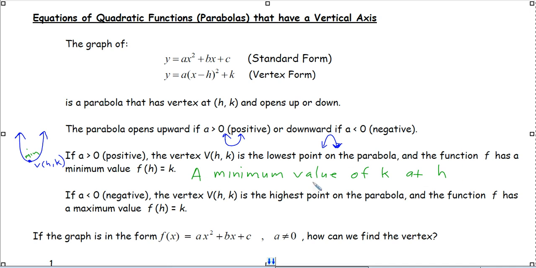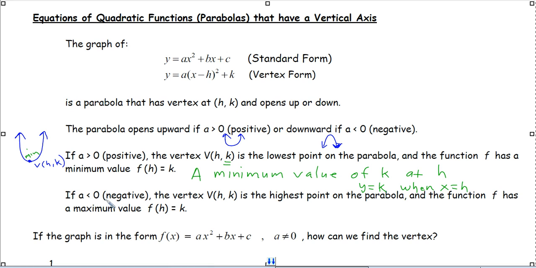We could say it has a minimum value of y equals k, or instead of "at," say "when x equals h." Different ways, so make sure to clarify with your instructor how they want you to write the answer. But keep in mind, if we're talking about a minimum or maximum value, it is the y value. So that's the value you should be referencing.